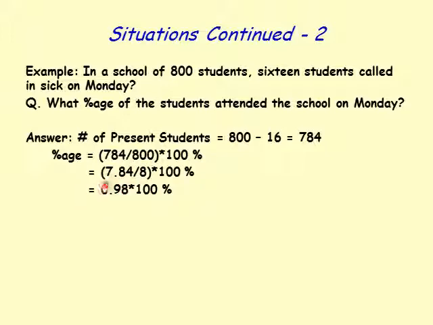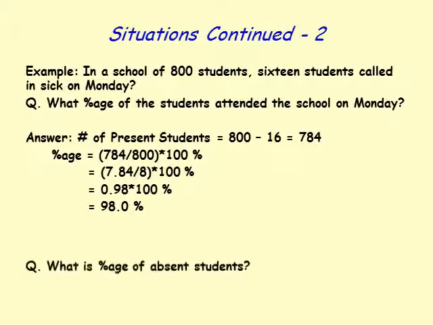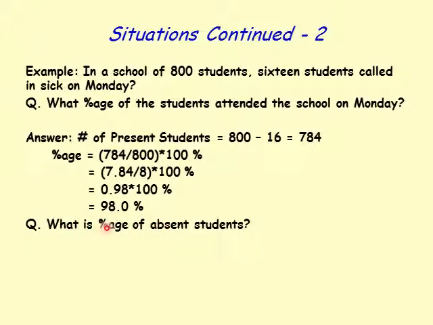So move the decimal place 2 places to the right. When we move 1 place to the right, it becomes 9.8, and when we move one more time, it becomes 98, which is equal to 98%. First we computed the ratio, then we moved the decimal place to the right 2 places. And what's the percentage of students that were absent? Present were 98%.